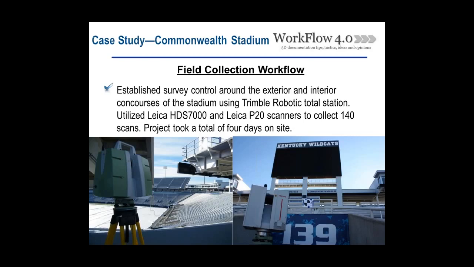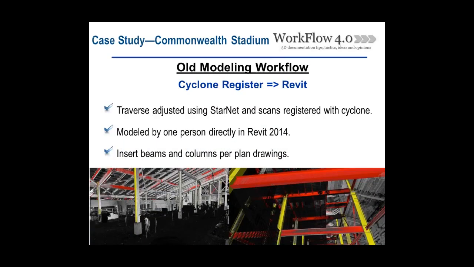And then we utilized Leica HDS 7000 and Leica P20 scanners and collected roughly 140 scans. The project took a total of around 4 days on site. That included running all of our control, walking through the project, and everything else that we had completed out there.